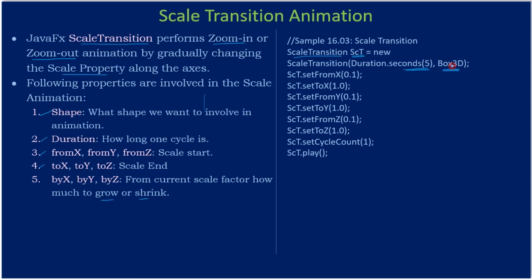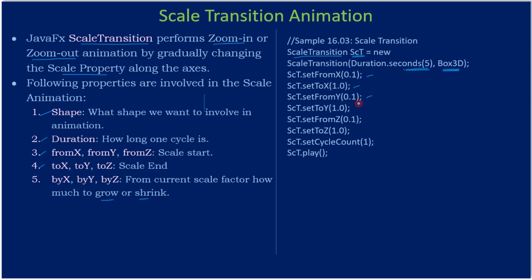Here we are creating the Box3D. Then set fromX 0.1, set toX 1. This is the scale factor we are giving. That means initially the box will be in shrink state, then it will keep on growing in the X direction.